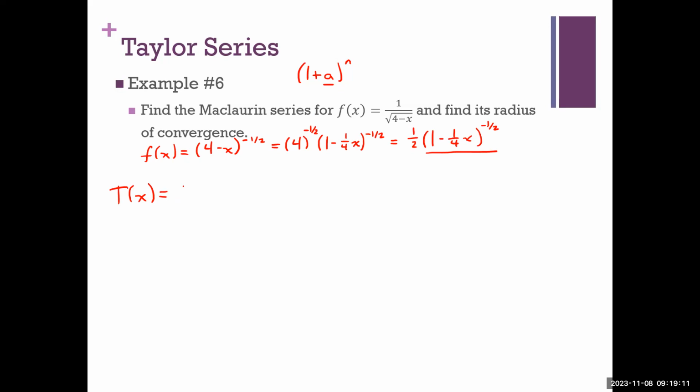Our first term is always going to be 1. Our second term is going to be n times a. And then n times (n minus 1) times a squared over 2 factorial, plus n times (n minus 1) times (n minus 2) over 3 factorial times a cubed, and so on.